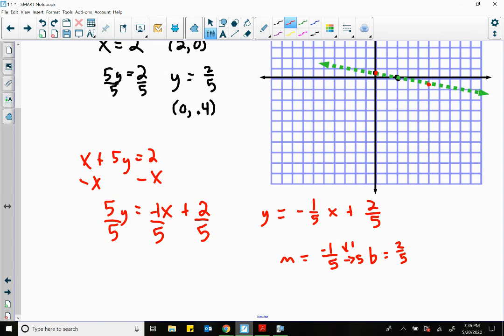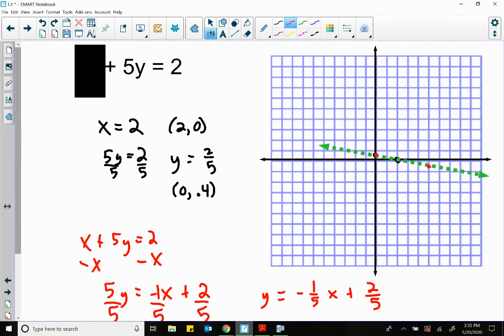Both of these methods have their advantages and disadvantages. Sometimes doing the cover-up method is great. Sometimes doing slope intercept is better. It's all about your style and how you like to do it. You can do all of these with the cover-up method. You can do all of these with slope intercept.